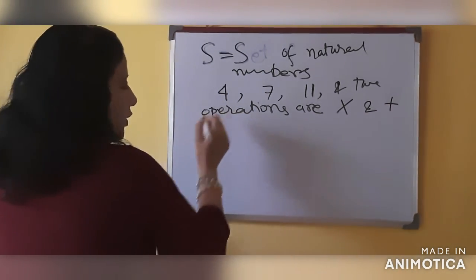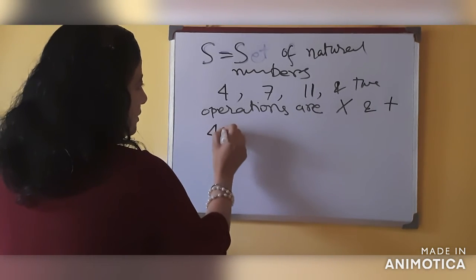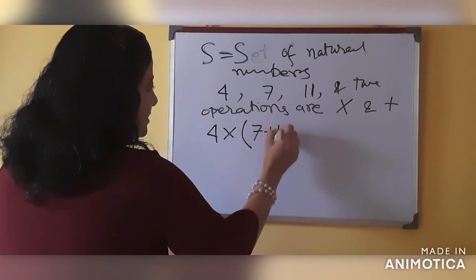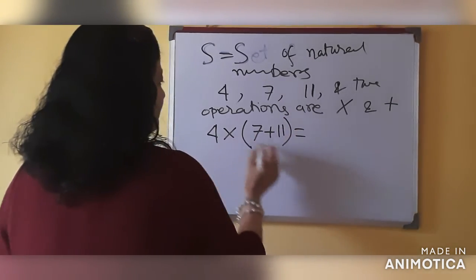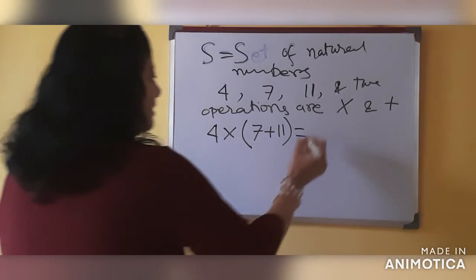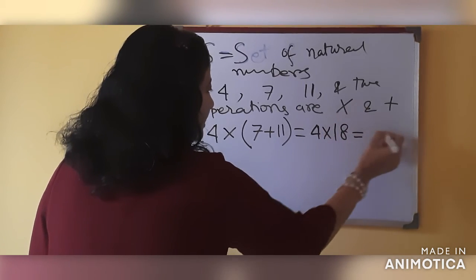So according to the distributive law, it will be like that: 4 into 7 plus 11. So what will happen here? See, 7 plus 11 means 18. So 4 into 18 is equal to 72.